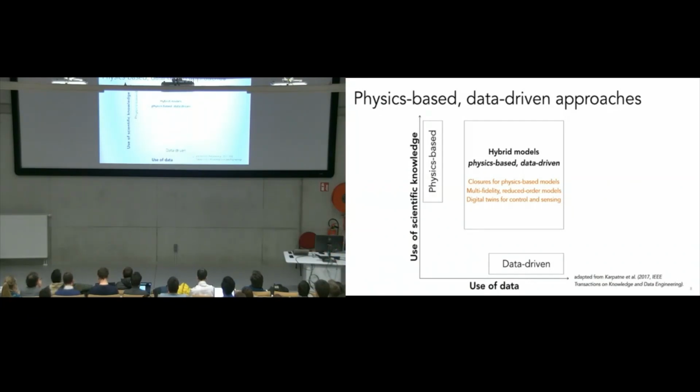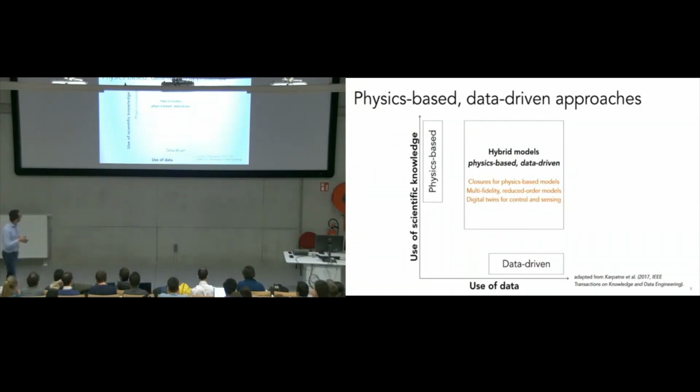It is really interesting to see the use of machine learning and data in building the next generation of models. I think a way that we should see the development of these models is in hybrid models, which couple physics-based information with the exploitation of data in several different ways. We have seen that there are many very interesting algorithms to do so.